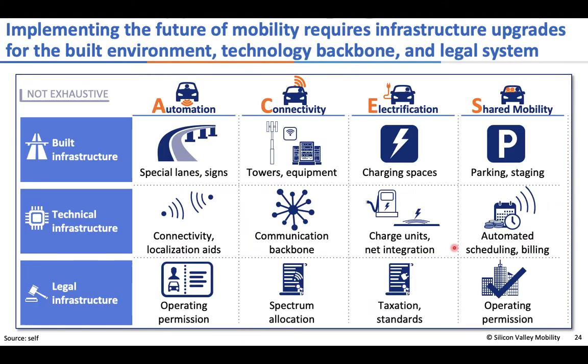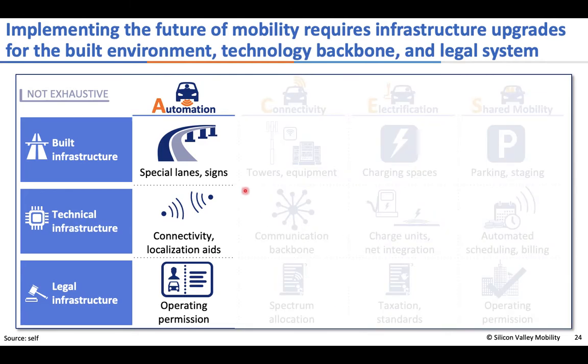Which gets us to infrastructure. I personally think that infrastructure is really important to bridge the gap here. And infrastructure applies to all our beloved ACES topics, whether that's automation, connectivity, electrification, or sharing. You see for yourself here what infrastructure can be like, and you might want to come back to this slide. I'm not going to go through all four topics, so let's look at automation. We may need special lanes, special road signs that can be read by a computer.